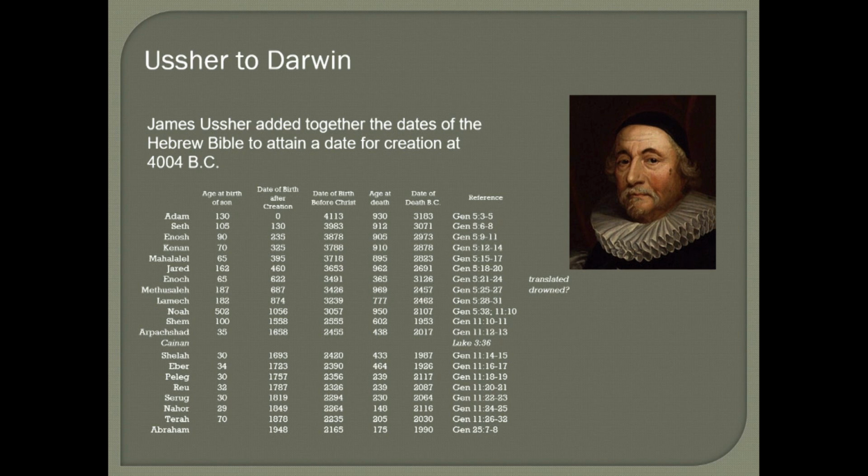This is based on the Hebrew text, and you might see right away there's a gap partway down. That is Canaan, a man who is named in the genealogy at that place in Luke 3:36 that does not appear in the Hebrew text.